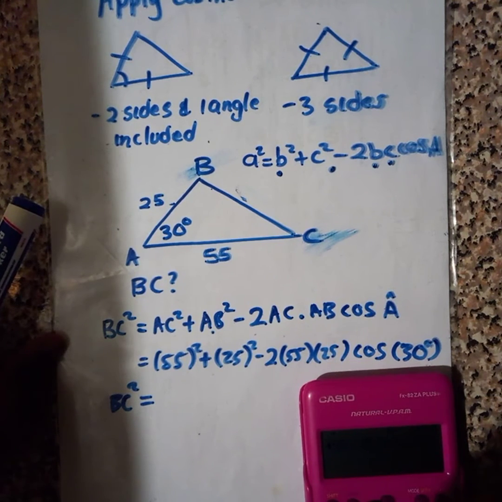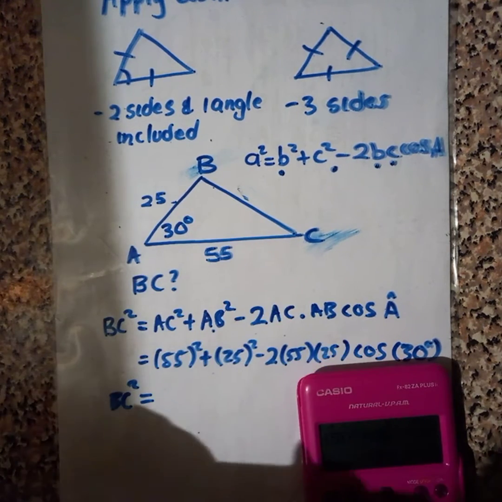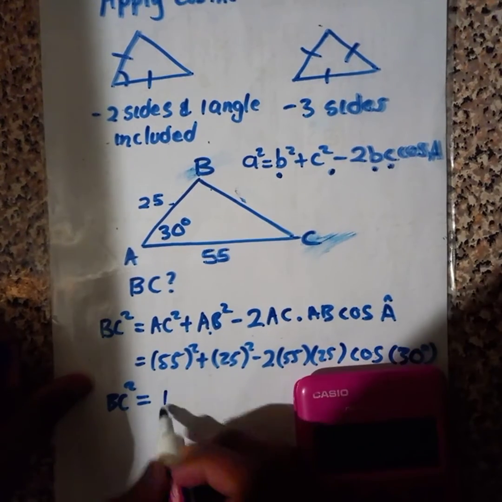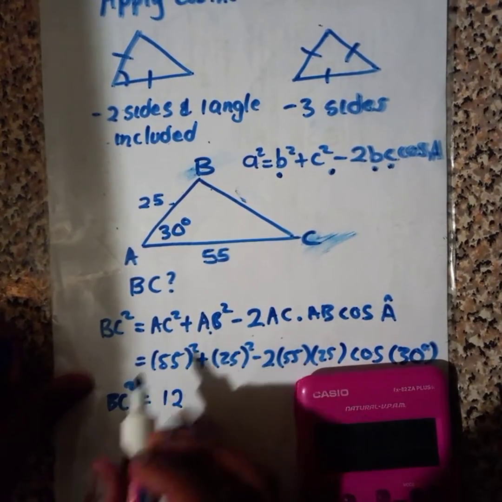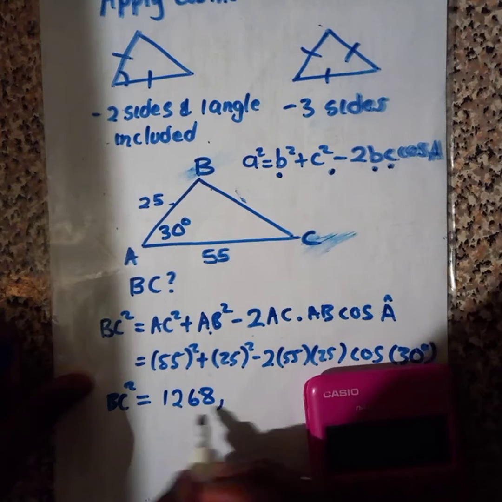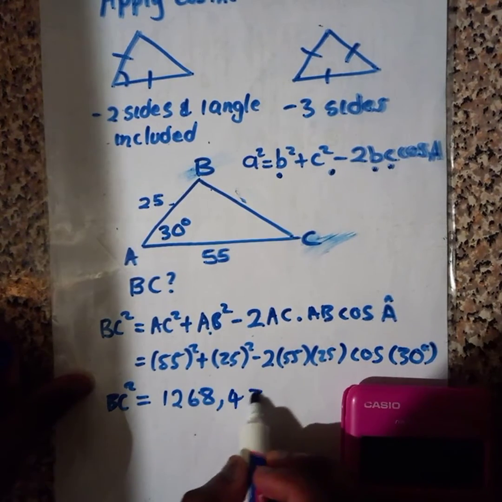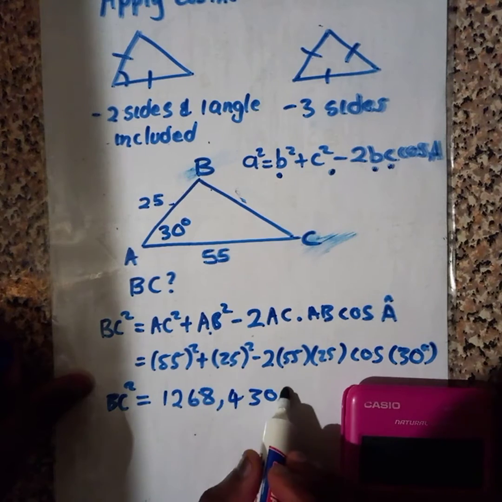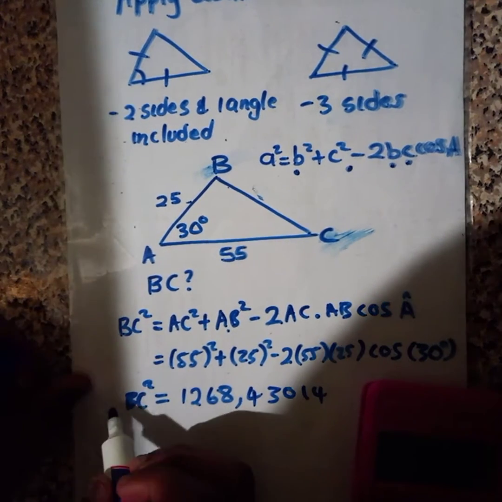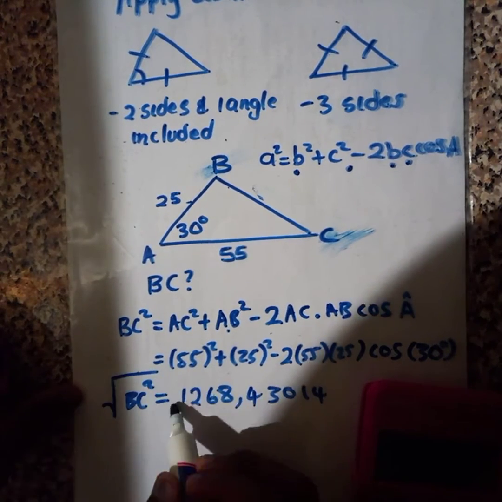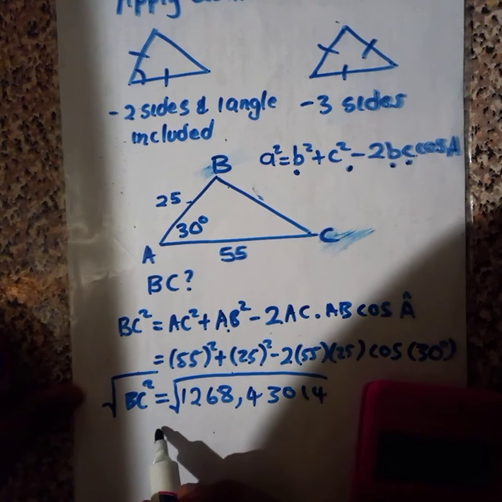Hopefully I did not make any mistake. Okay, then we get 1268.4314. Then for us to find BC, we take the root of both sides.